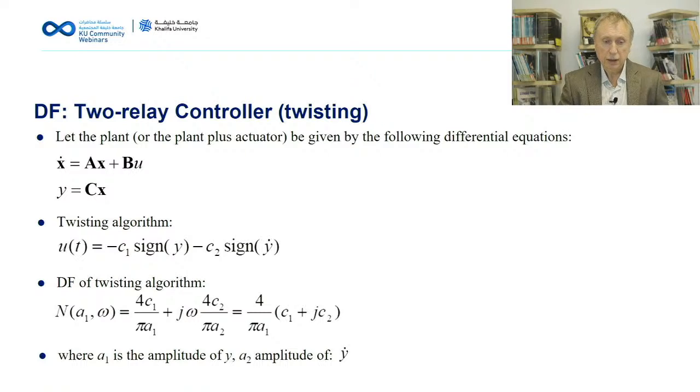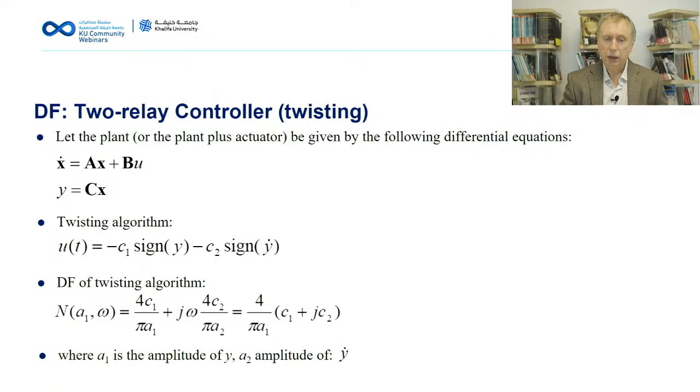For the twisting algorithm, we must have, in the original formulation, the relative degree 2 from the control U to the output of the system Y. So between U and Y, we must have relative degree 2. And the twisting algorithm is given by the following equation. It is a sum of two relay controls, a signum of Y and signum of Y dot.